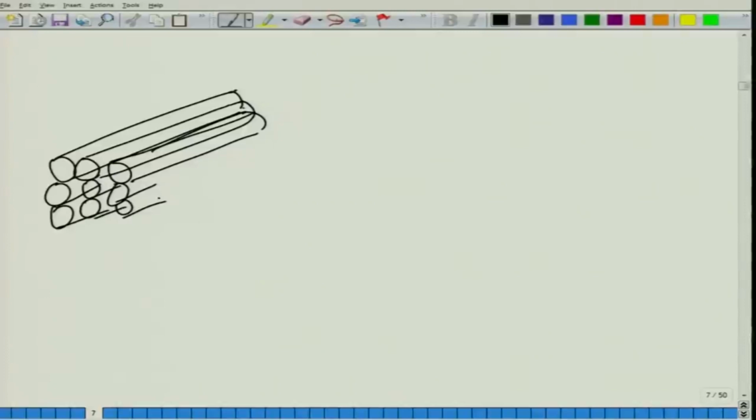So, when you have this stack of logs, taking the diameters of the ends is easy because they are accessible, but taking the diameter of the middle portion of a log is very difficult. Measuring the cross section here becomes difficult because you do not have access to the central portion of the log.